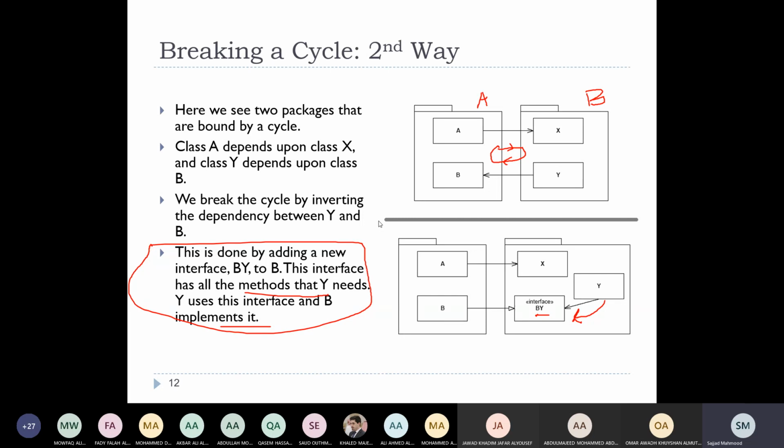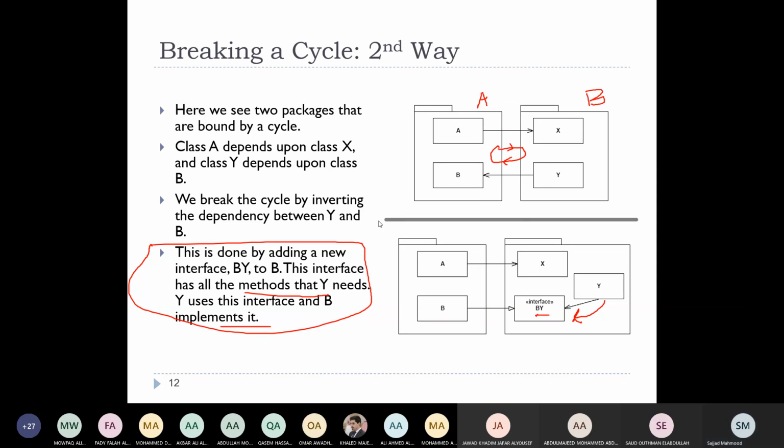So any change behind the interface will have no impact on those who are using the interface. Correct? Inshallah, you will see this again and again in design patterns and other class design principles as well. So far, so good?